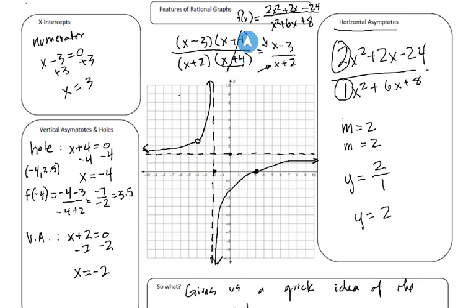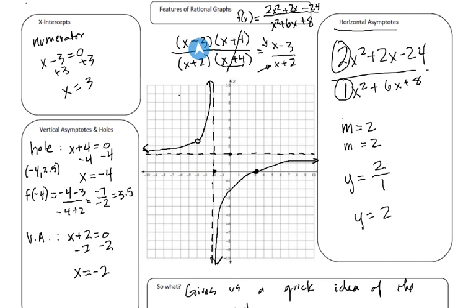The x plus 4s cancel out, so that's going to be a hole. x plus 4 equals 0, hole at negative 4. I'm left over with this piece, so I plug in negative 4 for x. We get negative 7 over negative 2, so 3.5. So the point negative 4, 3.5 gives me a hole, which I make a hollow circle.